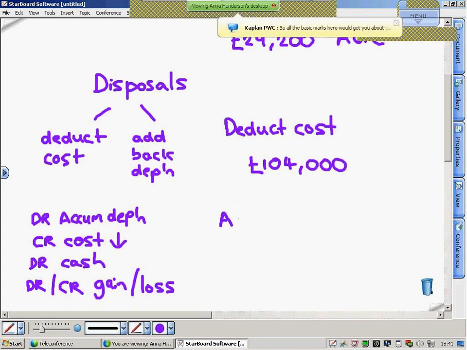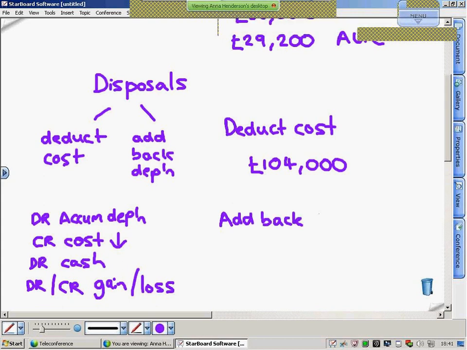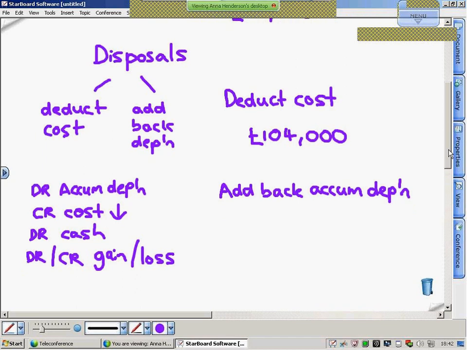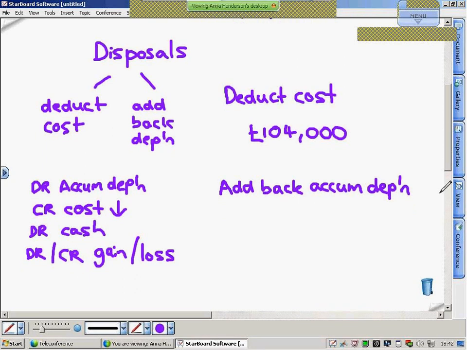We also want to add back its depreciation. So what we need to work out now is how much depreciation we have actually got.